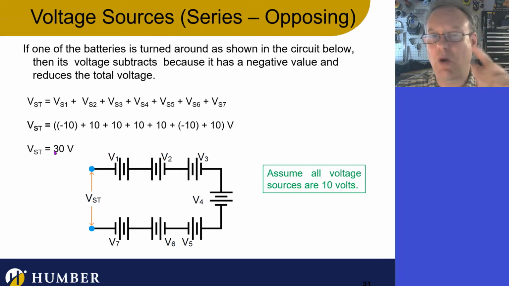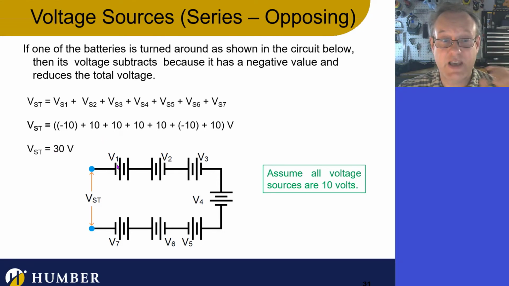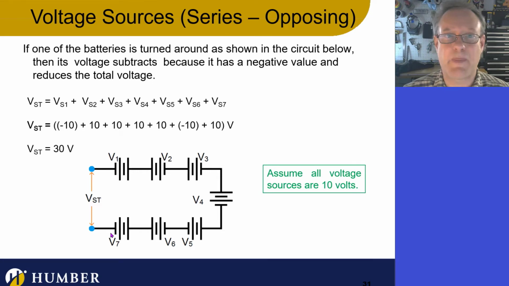So you've got to watch that when you're doing the math here, because in this case, I've got 1, 2, 3, 4, 5, 6, 7. I've got 7. So if these were all connected properly, it would be 70 volts. Okay, good. 2 of them are hooked up backwards. So does that mean I only have 50 volts now? Oh no, it's actually 30. Really? Yeah. Because those 2 backwards ones cancel out the one beside it.